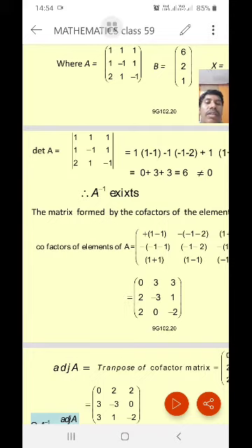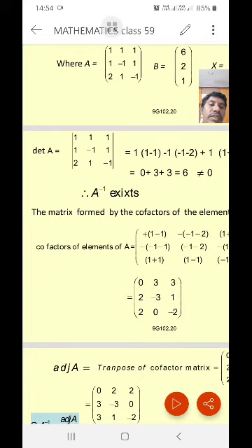After that we have four elements, minus 1 1, 1 minus 1, and their determinant is 1 minus 1, simply AD minus BC. Like that, each and every element's cofactor we have to find. So the first element's cofactor is 0.